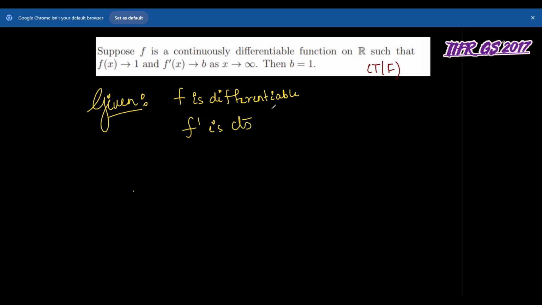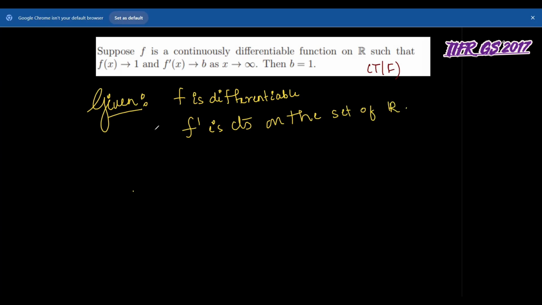Now, let us go back to the question again. Here it is given that the function f is continuously differentiable. So, what do we mean by a function being continuously differentiable? It says that the function is differentiable, and at the same time, the derivative of the function, f dash, is continuous on the set of all real numbers.